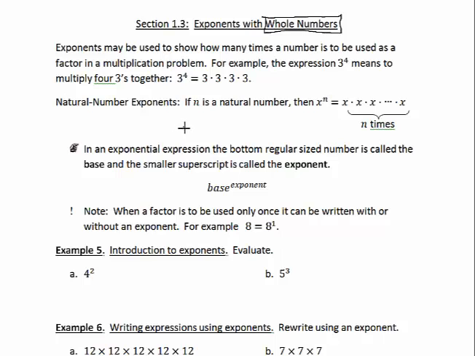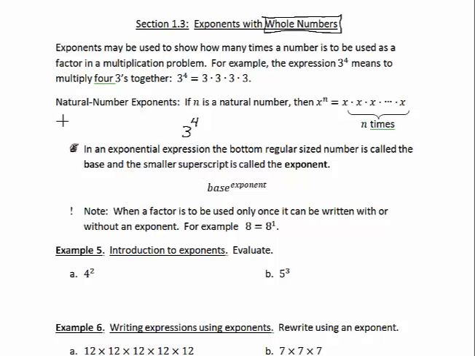So for instance, I could say 3, like they did above. 3 is what I would refer to as my base. And now, with the example that we were given, they gave us an exponent of 4, and we write 4 off to the right as a superscript with respect to the 3.